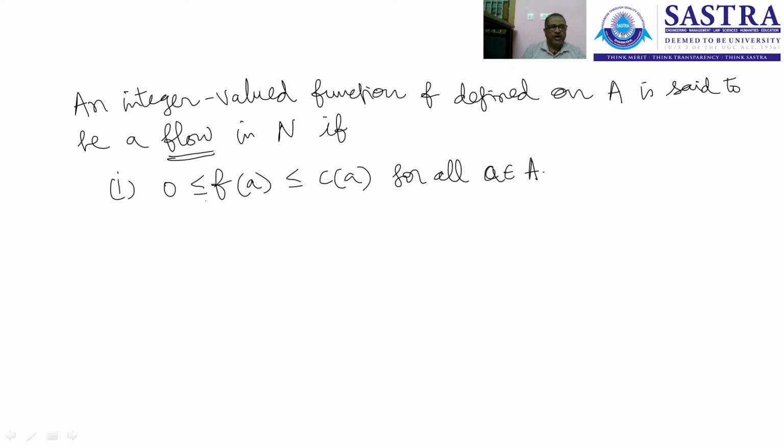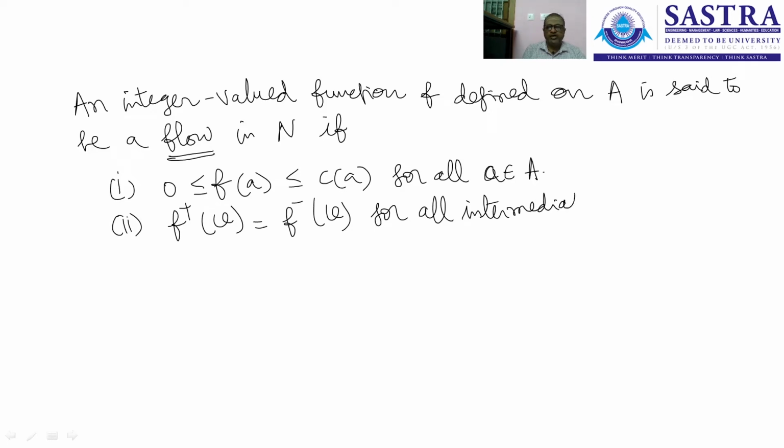And the second one, which is again important: f plus of v is equal to f minus of v for all intermediate vertices.